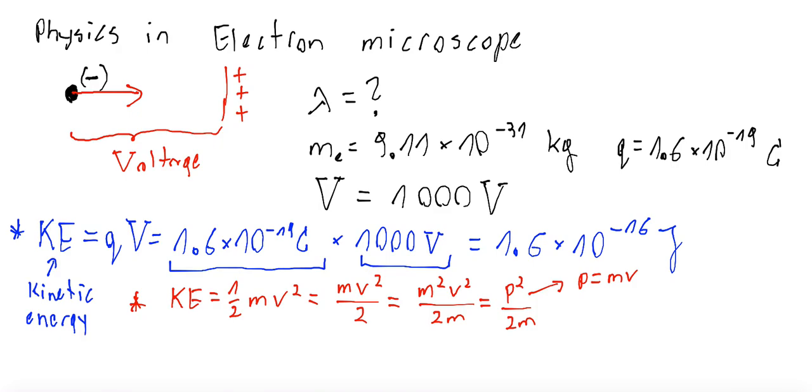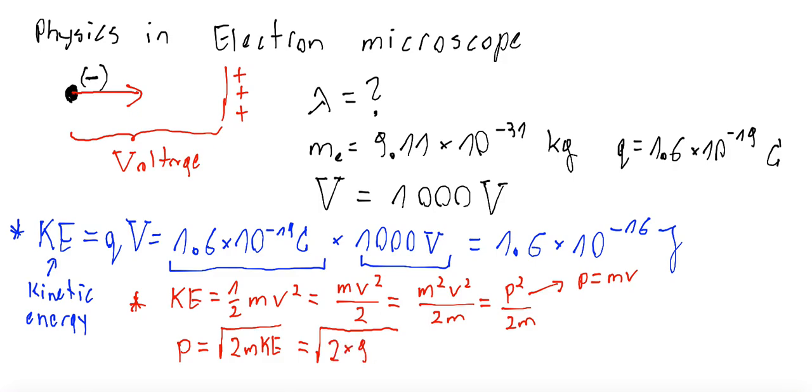We are interested in the momentum. So by rearranging the equation, we can write that momentum is the square root of 2m times its kinetic energy. Okay? Mass is given, kinetic energy is given, so we are able to calculate the momentum of the accelerated electron.